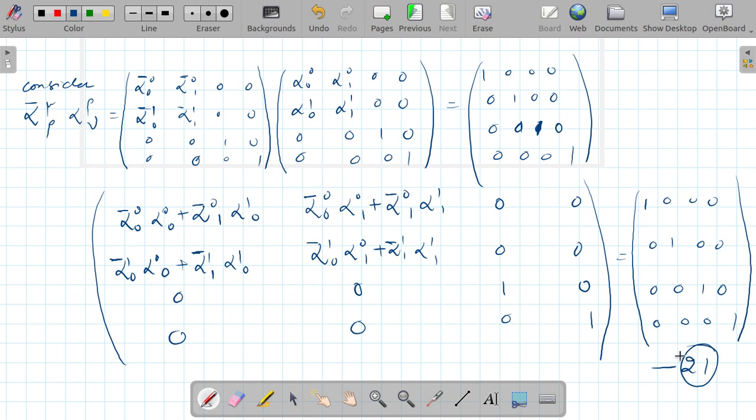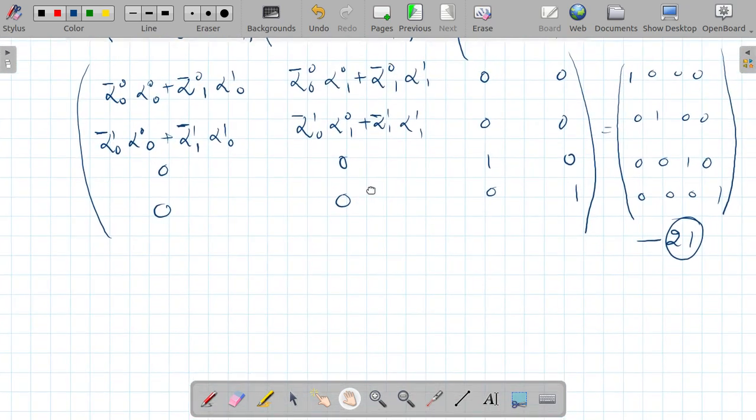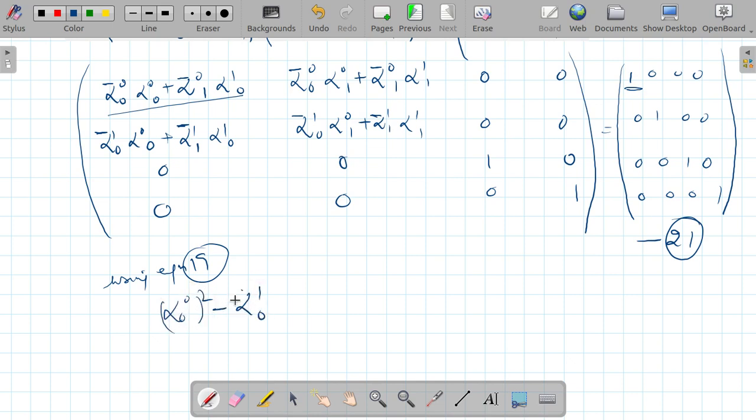So if I use equation number 19 here, using equation number 19 for this part, then this may lead to alpha 0 0 whole square minus alpha 1 0 whole square equal to 1.